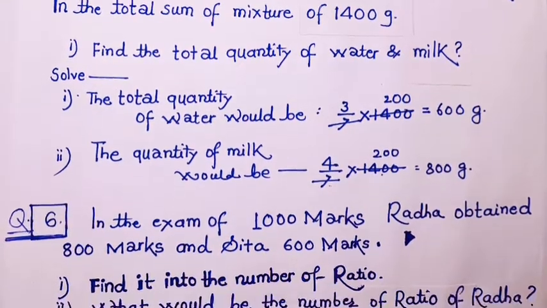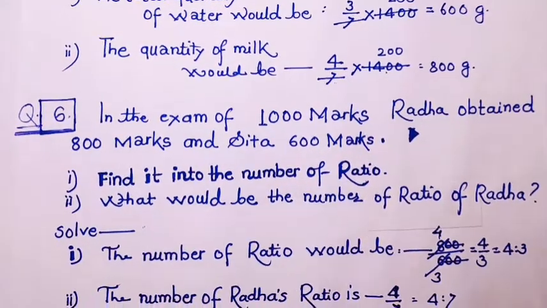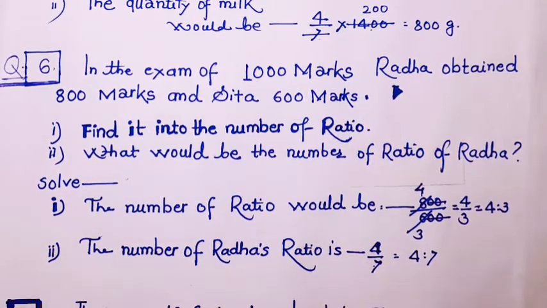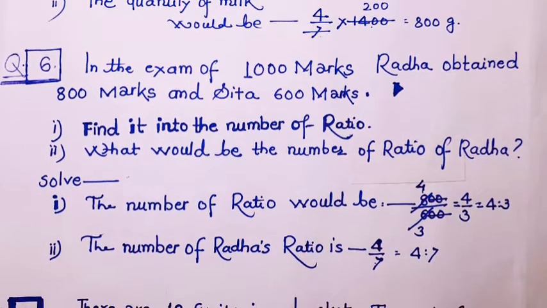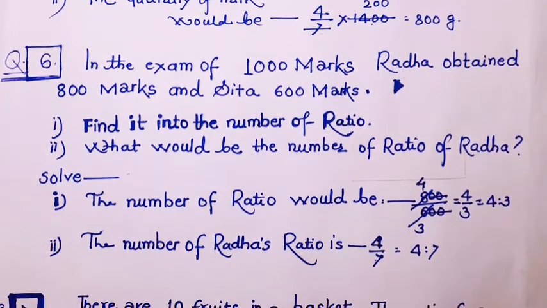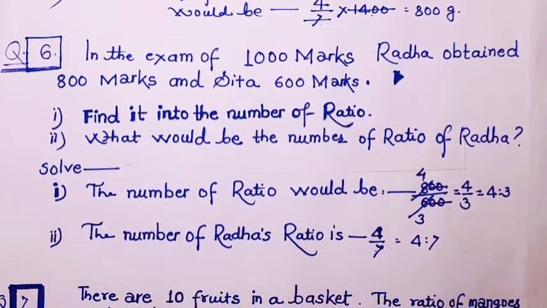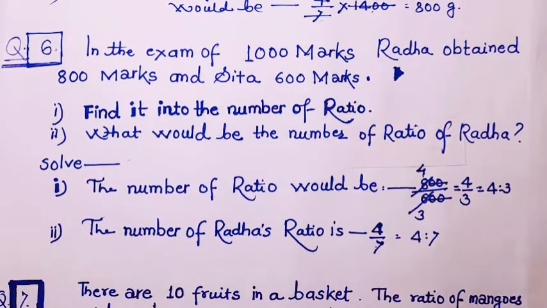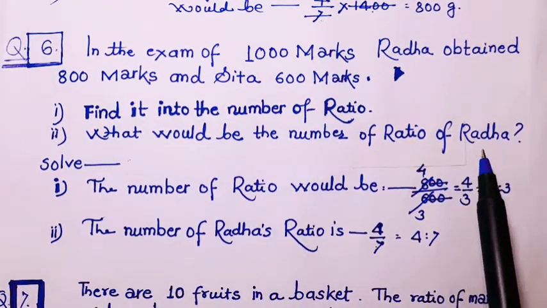Now you can see question number 6. In the exam of 1000 marks, Radha obtained 800 marks and Sita 600 marks. Find the ratio of their marks. What would be the ratio of Radha's marks?